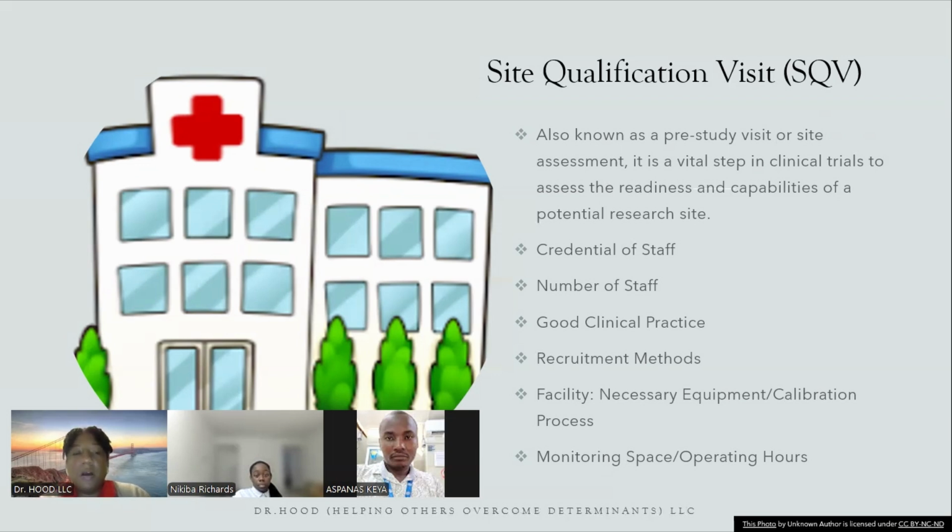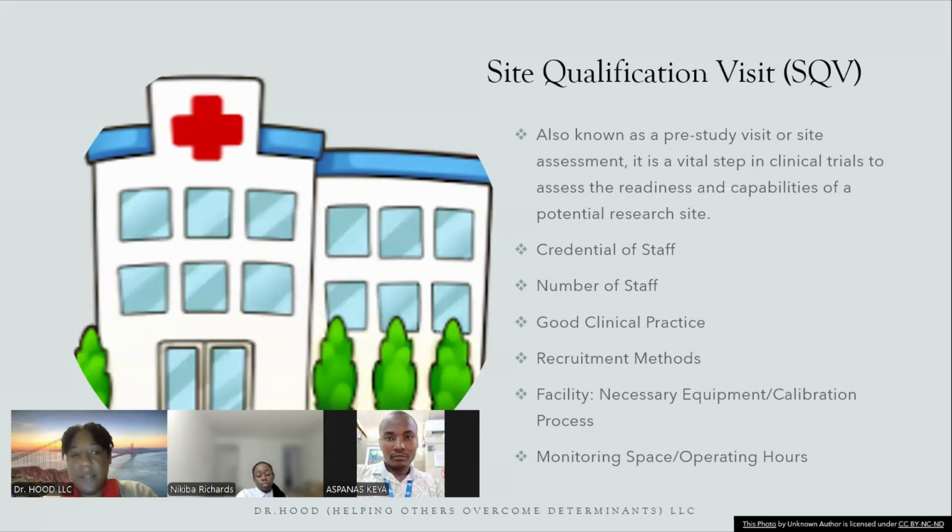If the protocol requires specific equipment or access to ancillary diagnostic testing, they want to know if it's on site or will you have to send a patient away. So if the patient needs a DEXA scan, a bone density scan, do you have the capabilities on site or do you have to contract a third party vendor?